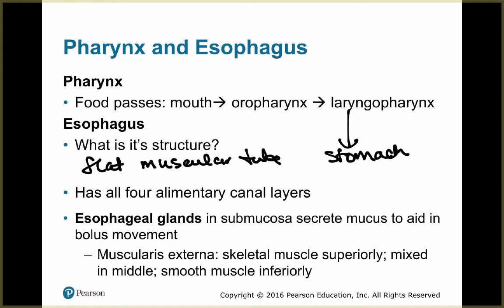It'll go through the diaphragm at an area that's called the esophageal hiatus.